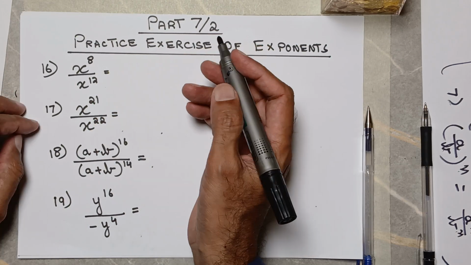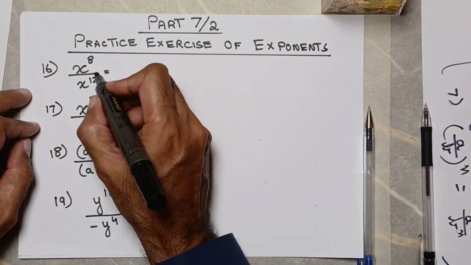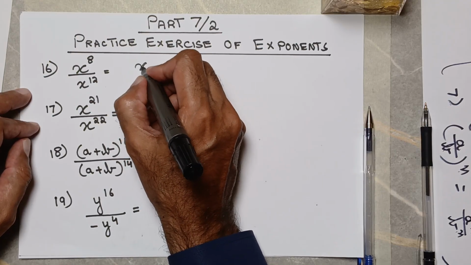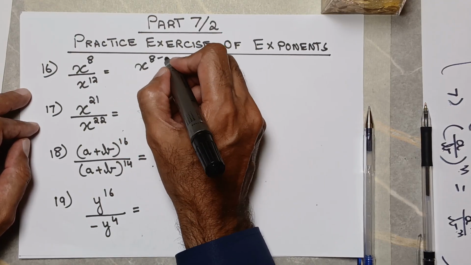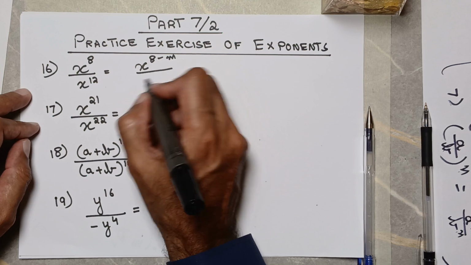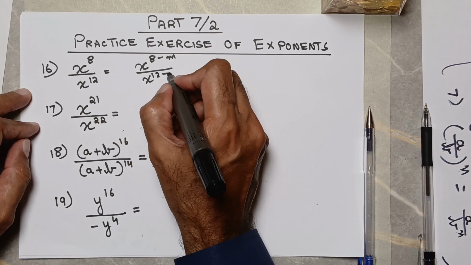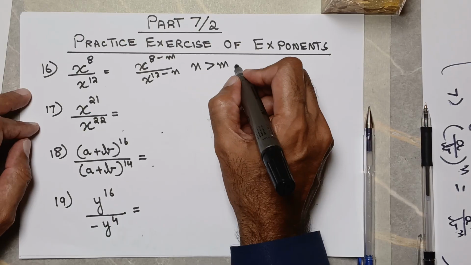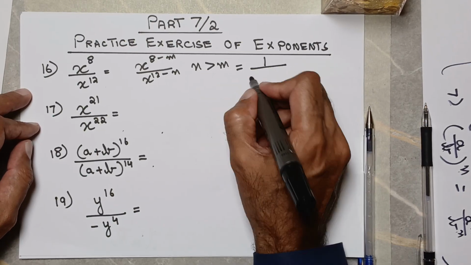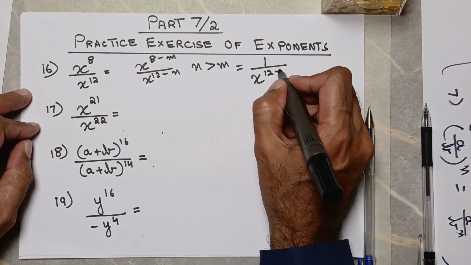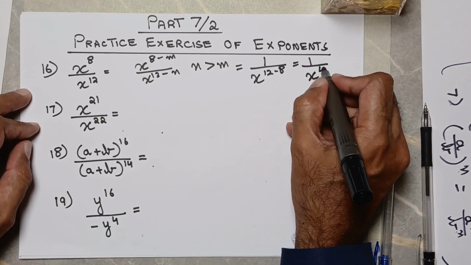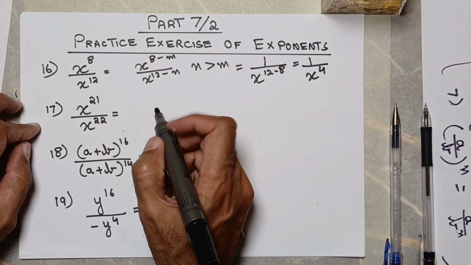So we will simply subtract 8 from 12. x^8, that is your exponent m, and x^12 is your exponent n. Now here n is greater than m. Simply you are going to do 1 over x^(12 minus 8), and 1 over x raised to the power 4. Simply that is your answer.